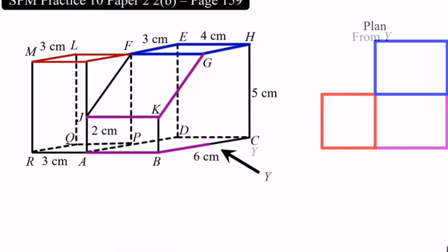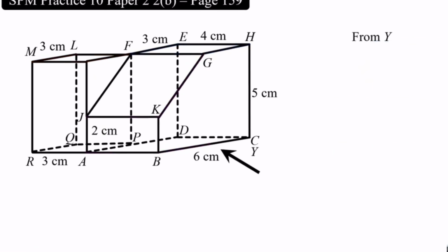Maybe we'll discuss the side elevation, yes, from Y. Okay, now let's have a look at how to draw the elevation from Y. So imagine that you are standing at the Y, so you have to highlight the borderline like this, in red color, all right, with the 6 centimeter, 5 centimeter, and the triangle, right?